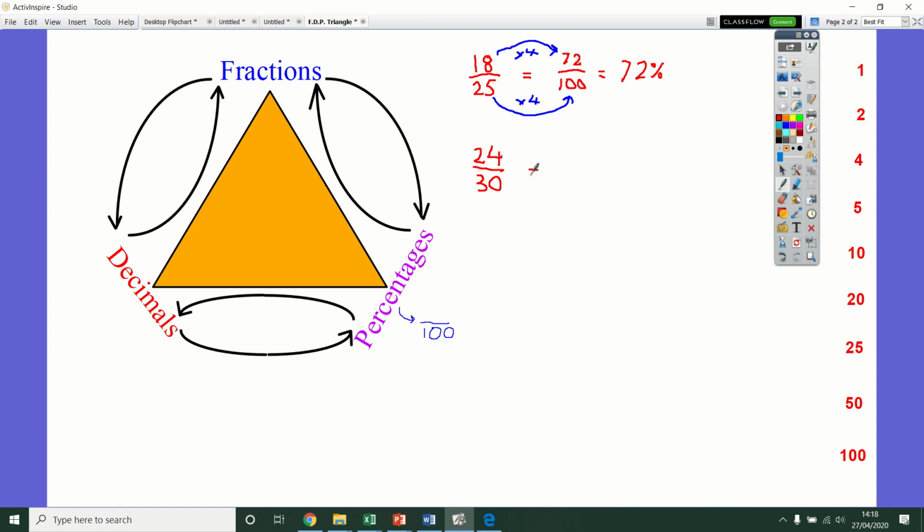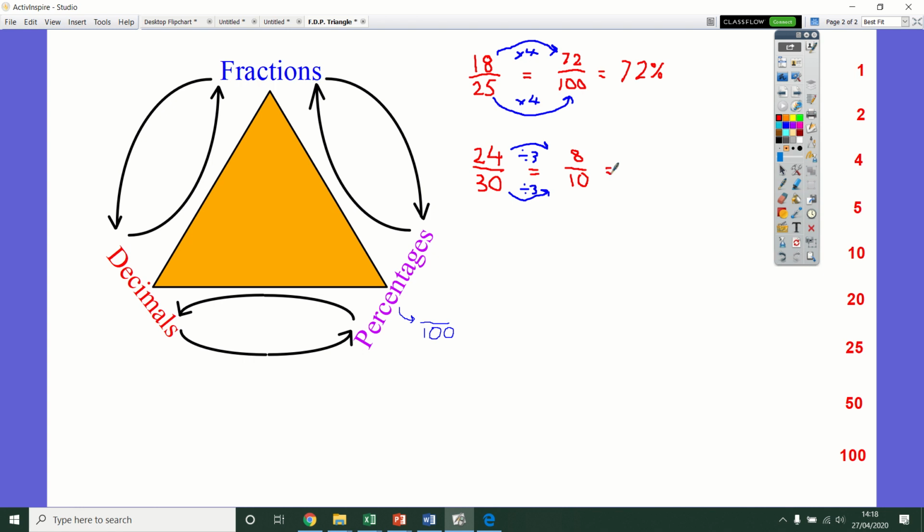So what I'm going to do, I'm going to simplify this fraction first, and I know that both of these numbers divide by 3. So if I divide by 3 on the top and the bottom, then the fraction you get there is 8 out of 10. So by simplifying it, I've got myself to a point where I've got a number that goes back up into 100.